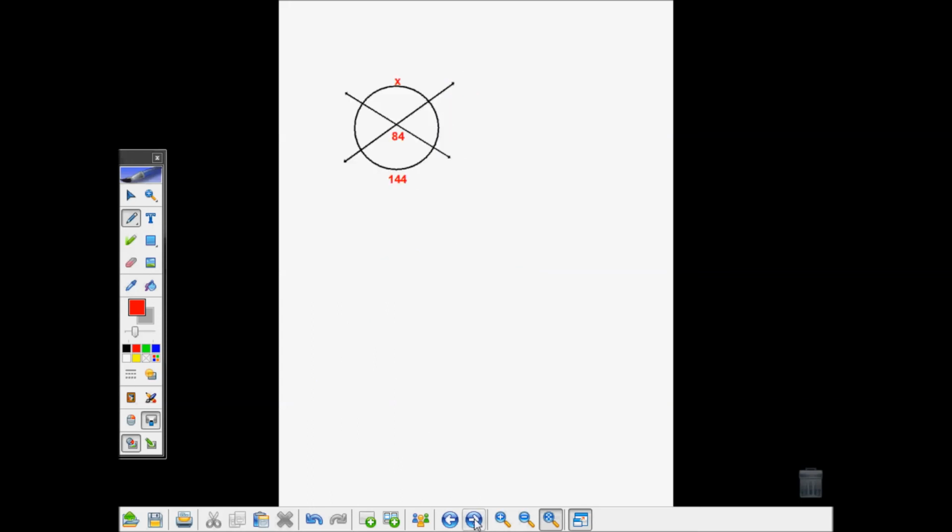Okay, so this one, again, where do they intersect? This time it is inside the circle. Okay, so it is inside. I know that my formula for that is angle equals 1/2 times the arc plus the arc. Okay, so I gotta fill that in.